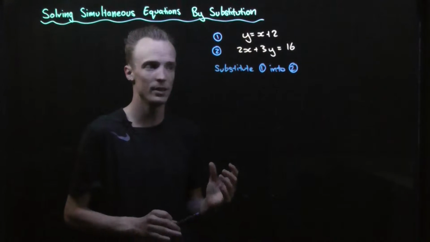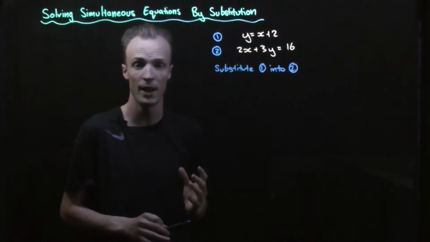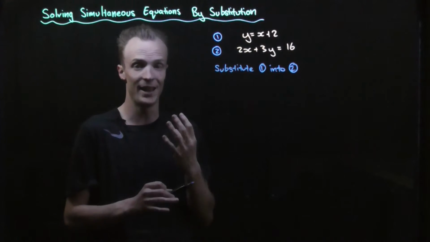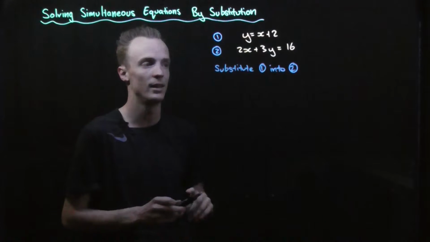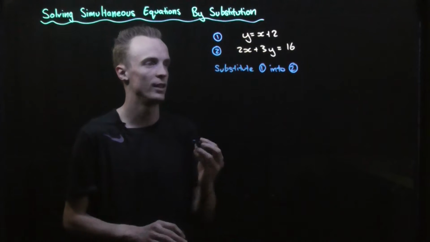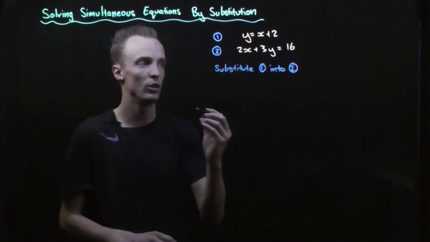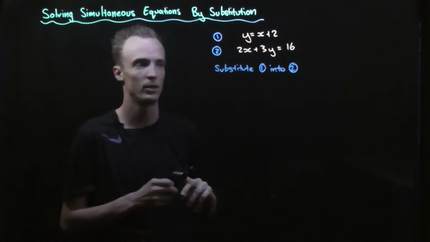Now before we do this, it's important to note that we're looking for the solution where the x values are also the same. So if you've got an equation where the x value is isolated, you can also substitute that one into the other equation. But let's take a look at what happens when I substitute this. So I take equation 2 and wherever I see the y value, I replace it with x plus 2.